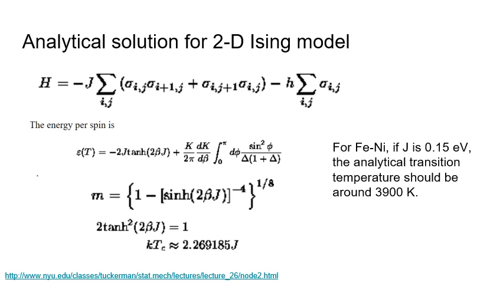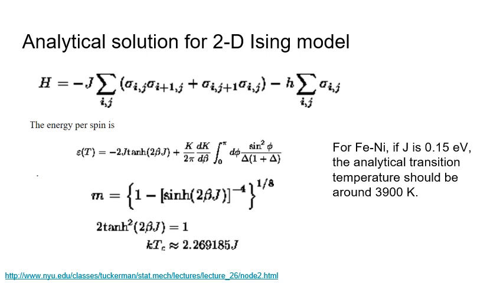For the 2D Ising model, there is already an analytical solution. Therefore, from this literature, we get the expression for energy per spin and the average spin.